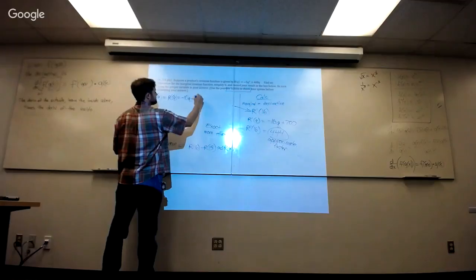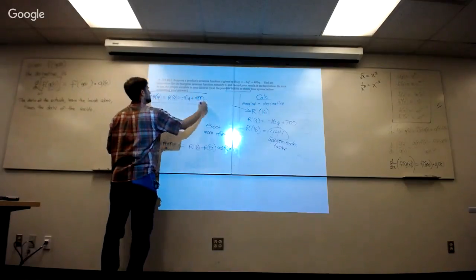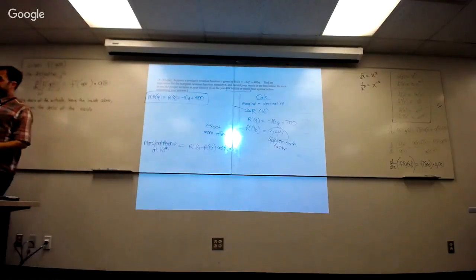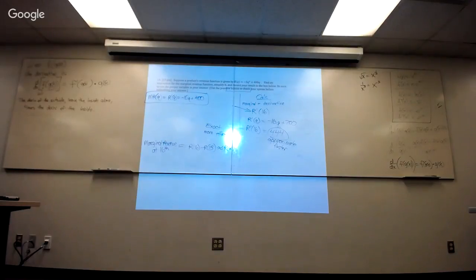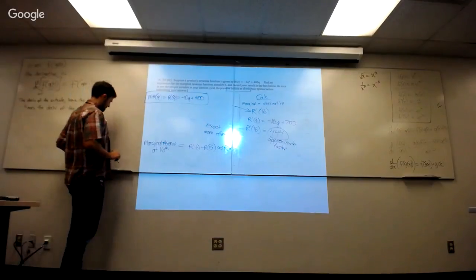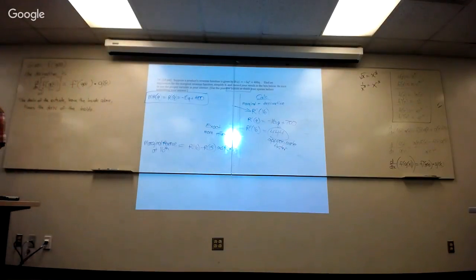So there, that's just a nice little concise statement of what we know. The calculus technique for finding the marginal revenue is just the derivative of revenue, which is that. Okay, well that was a simple one.